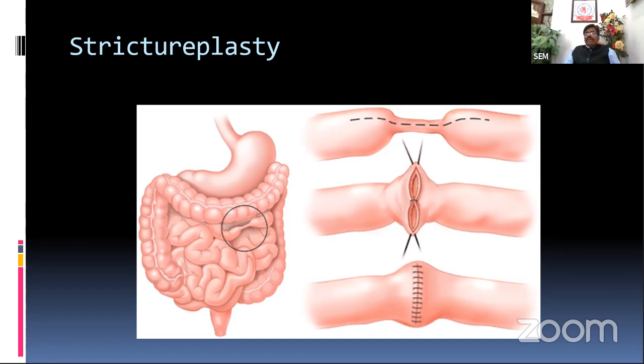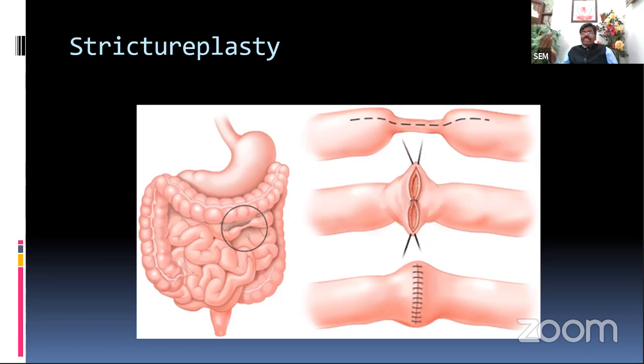It is a simple way of widening, like a pyloroplasty we do sometimes for gastric outlet obstruction. Same principle. Strictureplasty, indication Crohn's disease, tuberculosis, or any benign stricture for that matter.